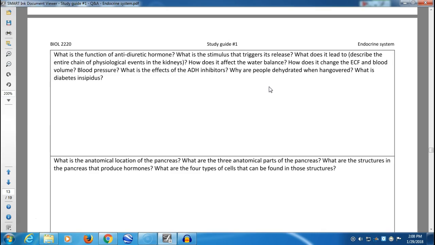So what does antidiuretic hormone do? Entire chain of physiological effects in the kidneys. Come on, give me a break. So what does it do? Antidiuretic. Retains, no, not the sodium. It retains water directly. How does it retain water?